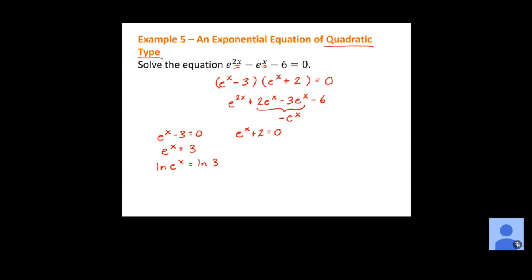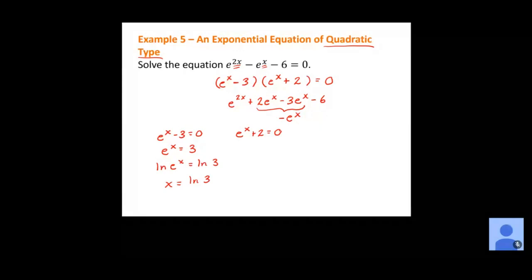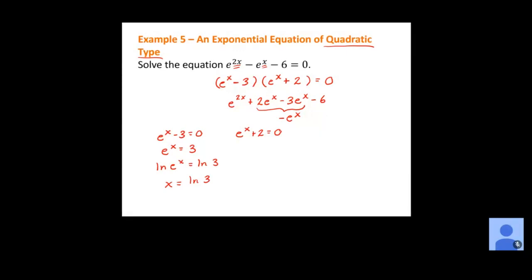Just x, right? Because the natural log of e is just 1, and so that's just going to leave us with x equals natural log of 3. Any questions on how we got that one?